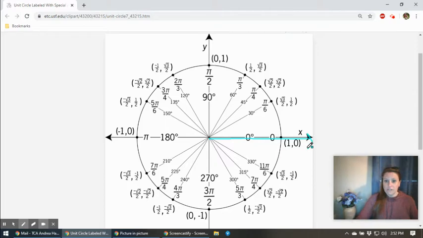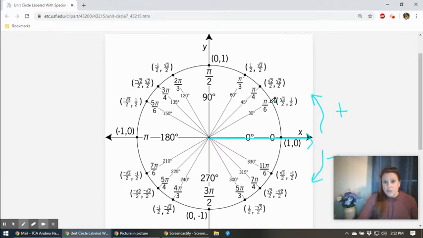Positive angles rotate around the unit circle in a counterclockwise manner, and negative angles go clockwise. So if this is our initial side and we go 30 degrees this way, this would be our terminal side on the unit circle.